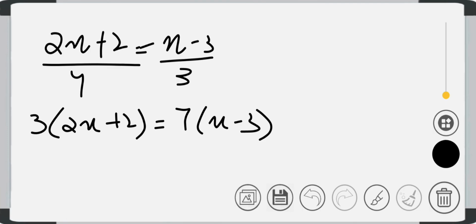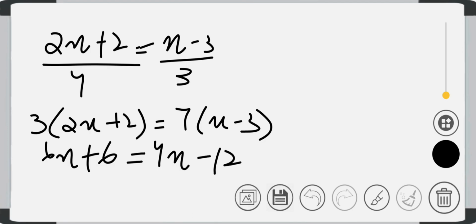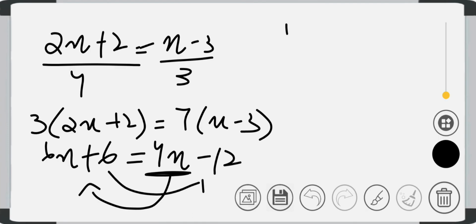When we expand this, we get 6x plus 6 is equal to 4x minus 12. Now we're going to transfer this 4x over here and this 6 over here. It becomes like the previous question.